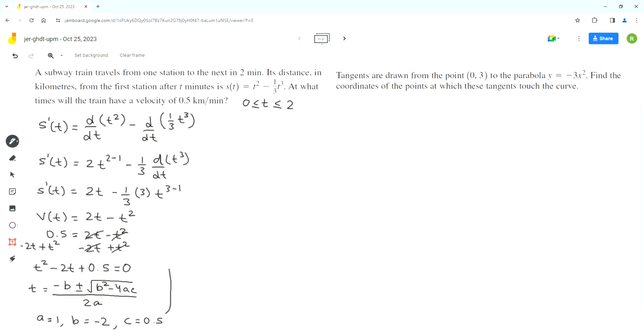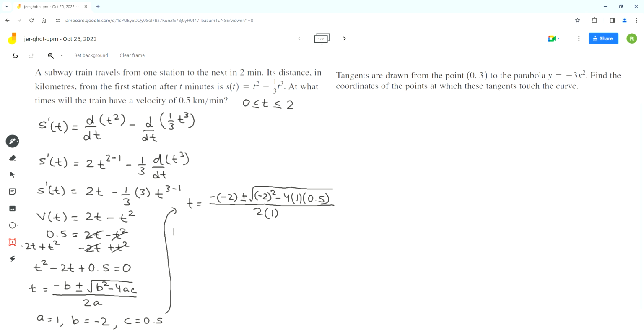So now we can sub in the values in the quadratic formula. So we get t equals minus negative 2 plus or minus the square root of negative 2 squared minus 4 times 1 times 0.5, over 2 times a, which is equal to 1.